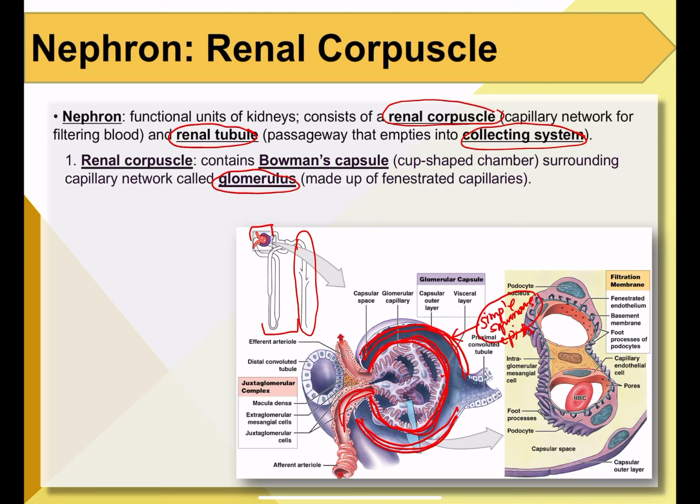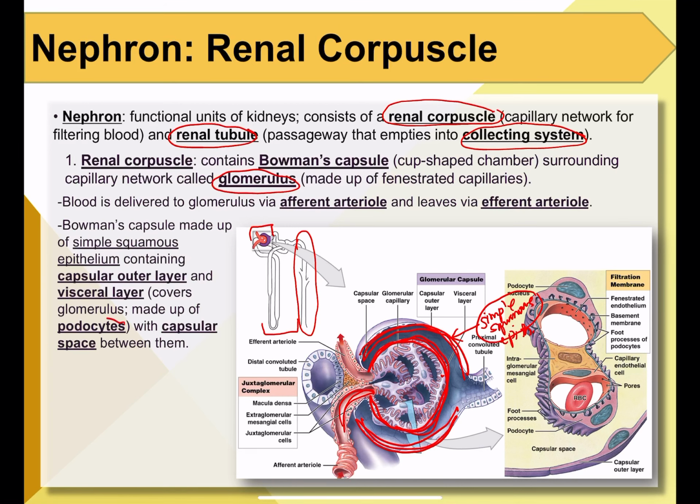Those purple things are actually cells, and the visceral layer is made up of these cells called the podocytes. So those podocytes will then wrap around the blood vessel and go into the glomerulus, and that's what allows for filtration of solutes in your blood.